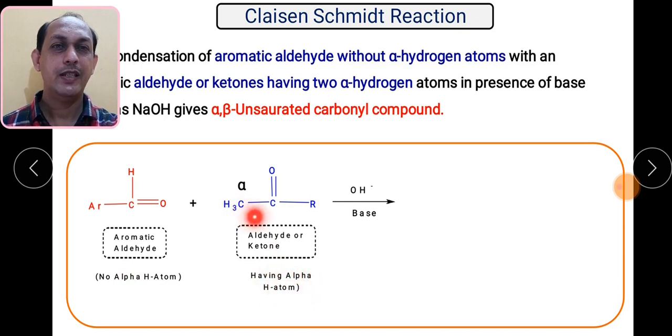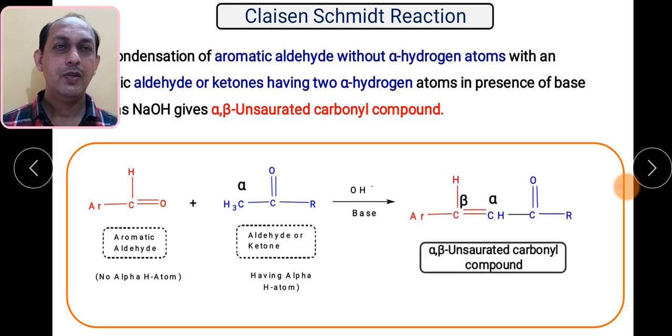For example, CH3 C double bond O R, like acetone or acetophenone. These are the examples of aldehydes and ketones which contain two alpha hydrogen atoms. So they are reacted with the base. What will happen? These two molecules are condensed to form an alpha beta unsaturated carbonyl compound.